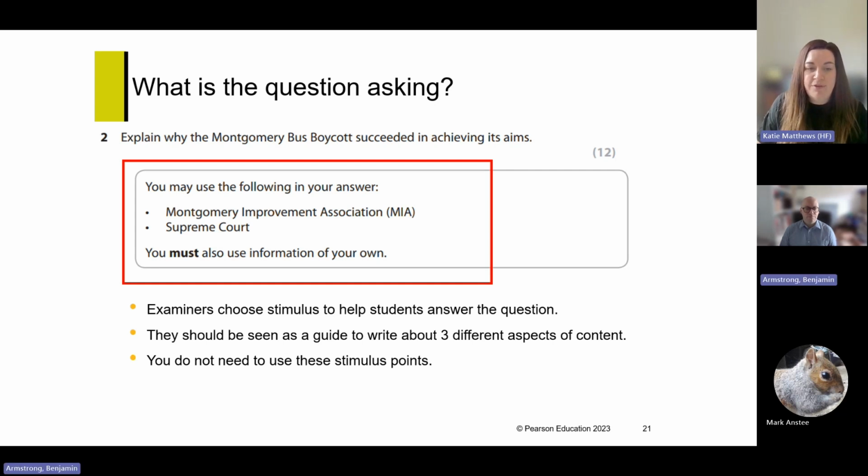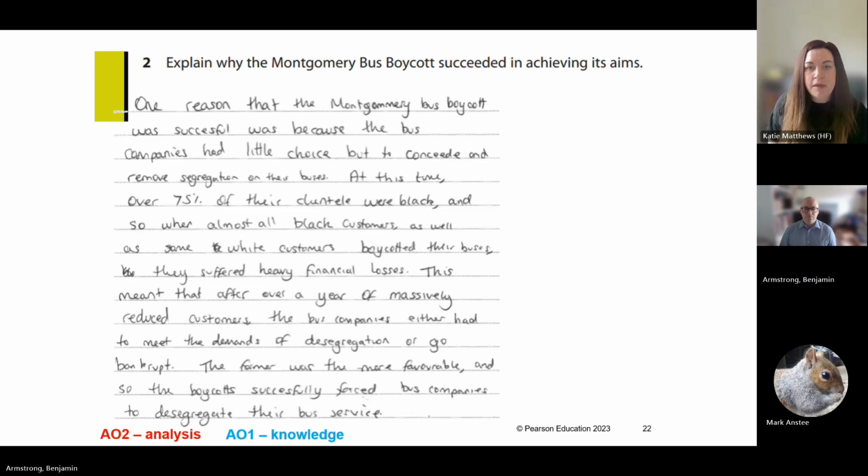So don't worry if you don't understand them. But let's have a look now at an answer. This here is only part of an answer, so I would suggest you pause the video and read this paragraph and try and identify where the student is analysing and where they are successfully using their own knowledge.